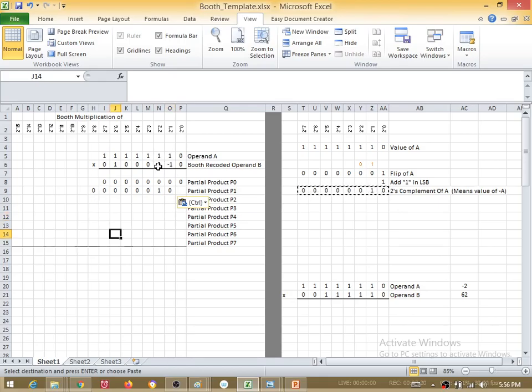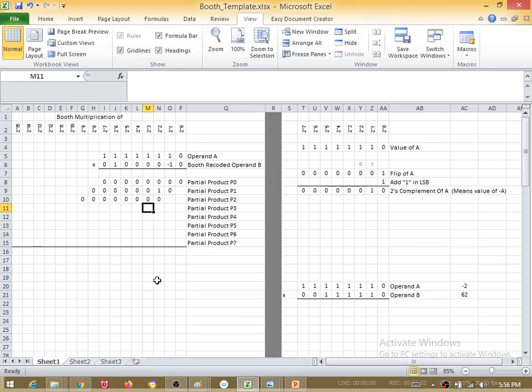Now next, this multiplied by 0 is again going to lead to a 0. You can fill out 8 zeros if you wish to. Similarly, the multiplication of this with this is going to be a 0, and this with this is going to be a 0.